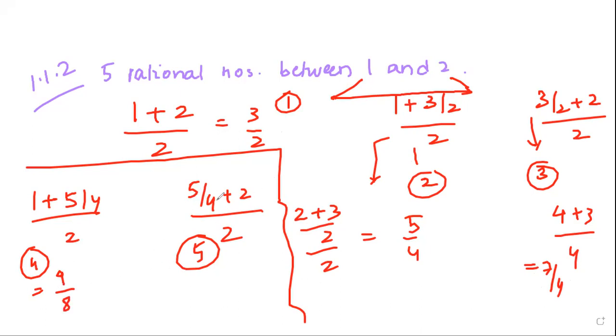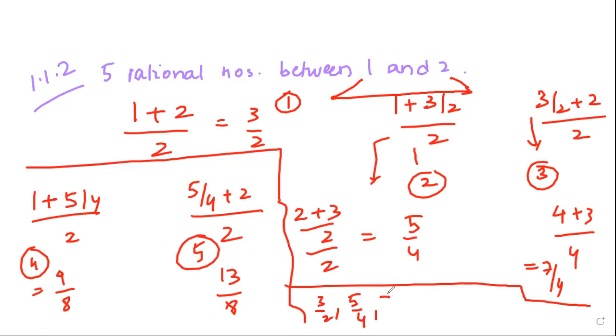And this would be nothing but 4 into 2, 8, 8 plus 5, 13, 13 by 8, right? So your final 5 numbers would be, I'm writing it here, 3 by 2, 5 by 4, 7 by 4, 9 by 8, and 13 by 8.